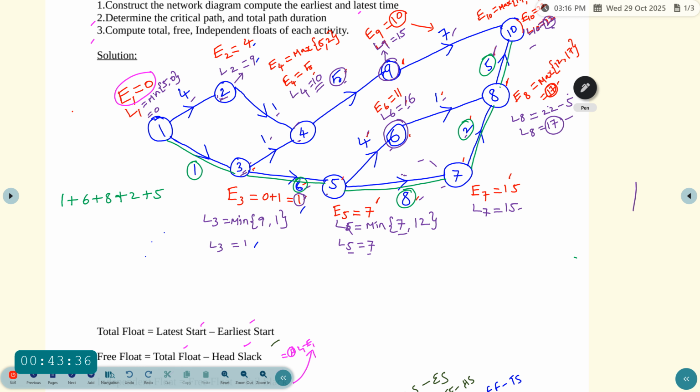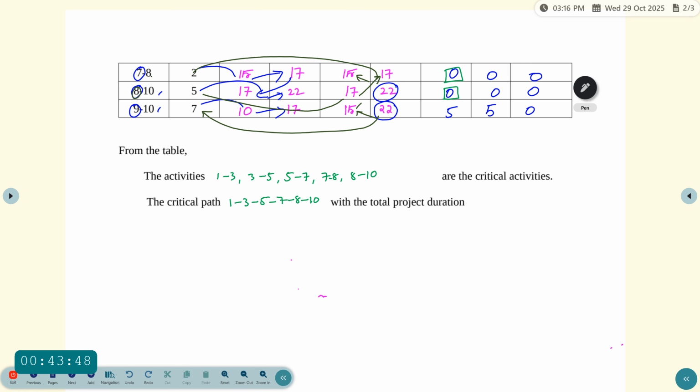Adding all the durations, we get 22. See the figure, the last value is also 22. So the critical duration is also 22. Finally, write the total project duration, which is equal to 22. So that's the problem. Equal to 22. That's the end of the problem.